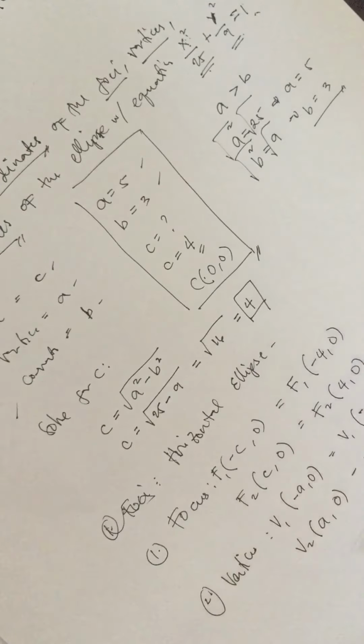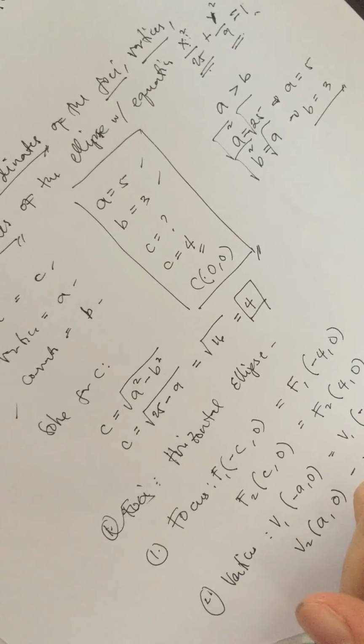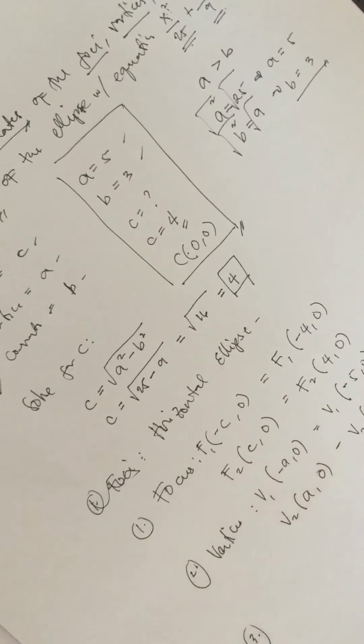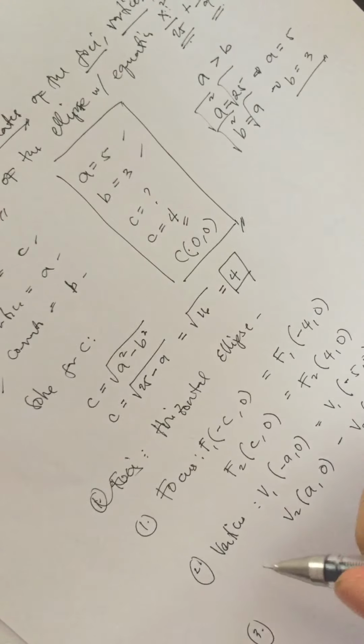Okay, so that's done. Next, number 3 would be the co-vertices.